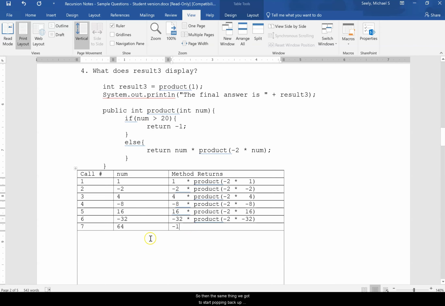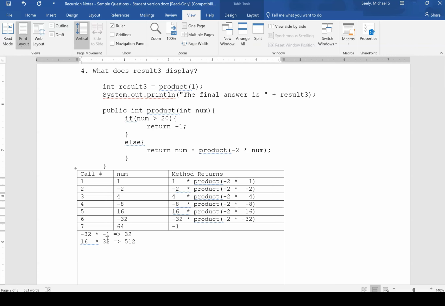Okay, and so then the same thing, we got to start popping back up this stack. So we got -32 times -1. That gives us 32. So then we got 16 here times, what do we got? 16 times what, 32? That is 512.